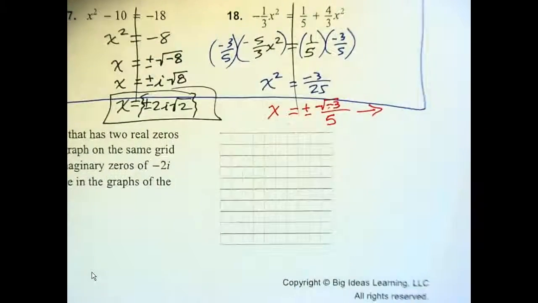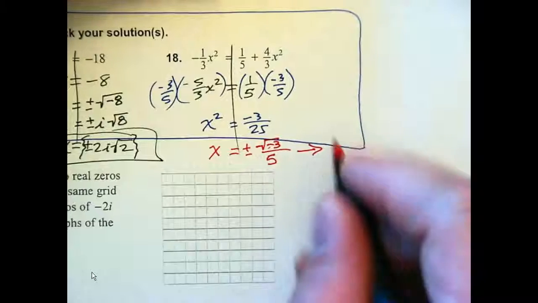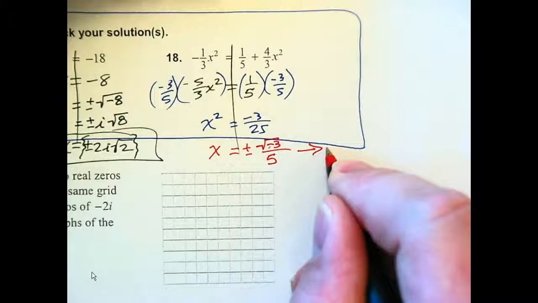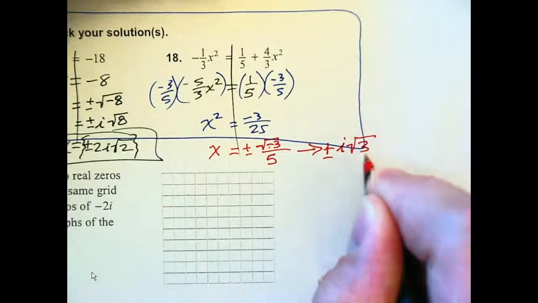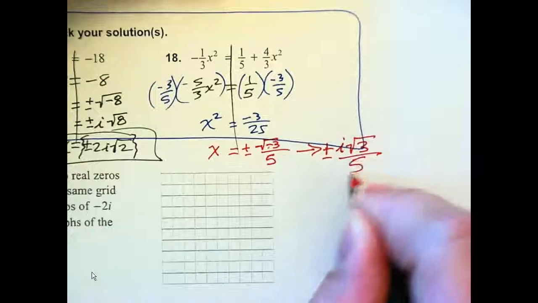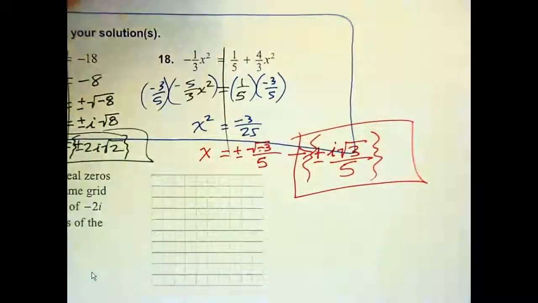Yuck. But it is Halloween time. So you get plus minus i root 3 over 5. I love it.